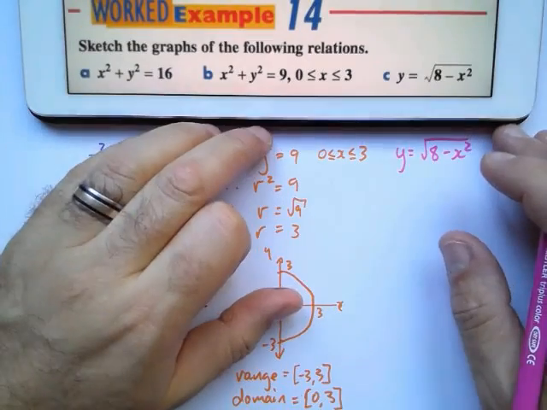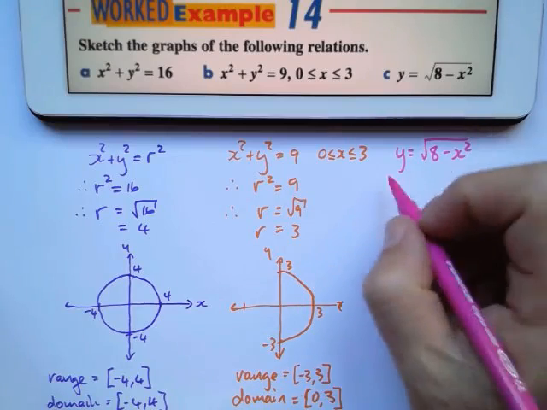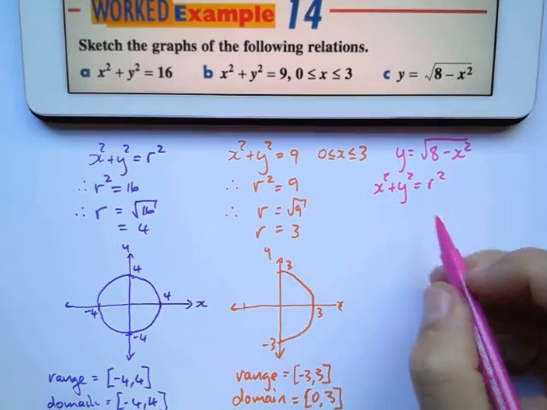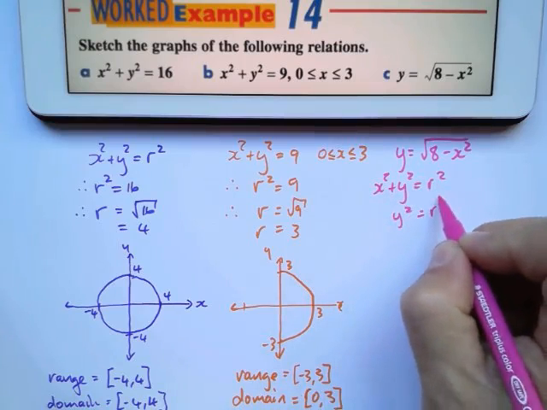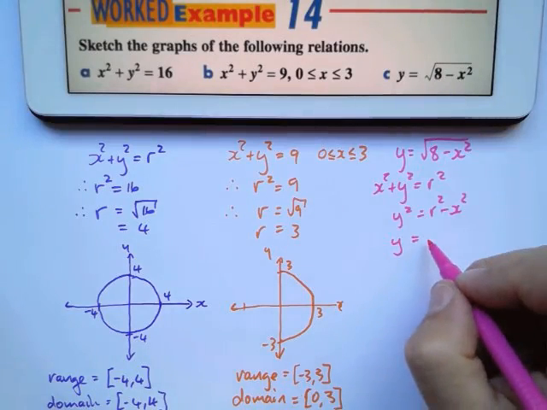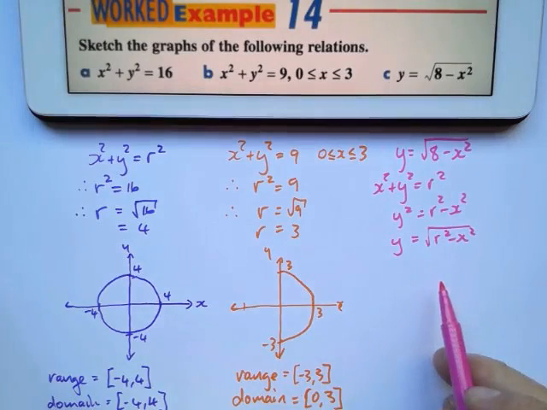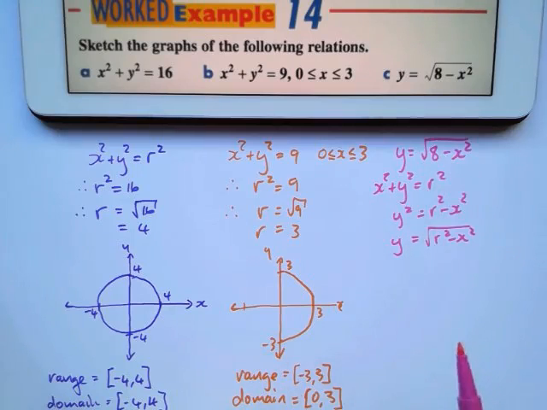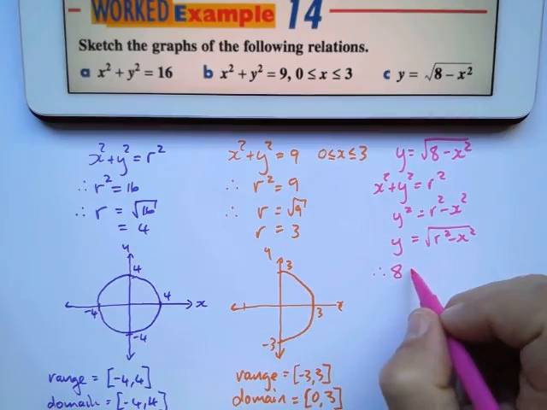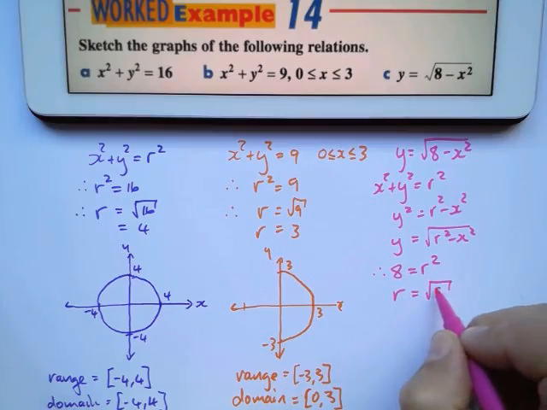But you should know, if you have done enough of your exercises, that this is x squared plus y squared equals r squared in disguise, which means that y squared equals r squared minus x squared, which means y equals, there's no plus and minus, the square root of r squared minus x squared. You don't have to show it, you just have to realize that that is how it's going to look. Which means, therefore, that 8 equals r squared, which means r equals the square root of 8.